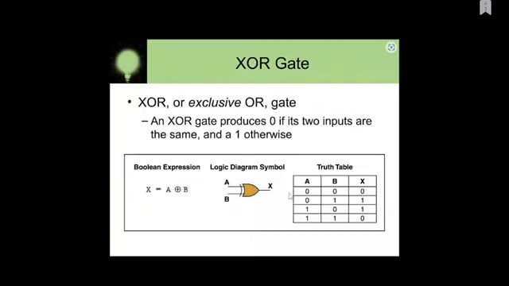Coming to the next one, the XOR gate. You can also call it the exclusive OR gate.